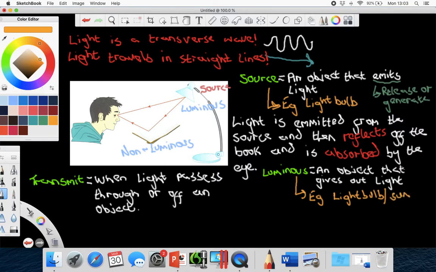A non-luminous object are objects that do not give out light. Okay?